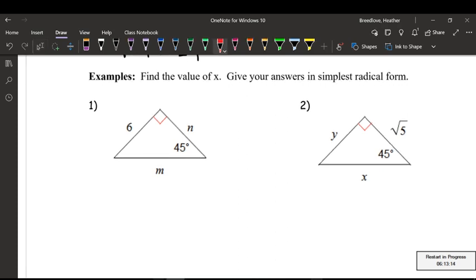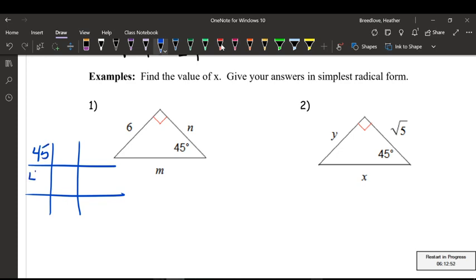All right, so first, I see I have a 45, 45, 90 triangle, so I'm going to set up a tic-tac-toe grid. And this is a 45, 45, 90. You do have to pay attention to which one, because like I said, tomorrow we're going to deal with 30, 60, 90 triangles, and those will have different A values.